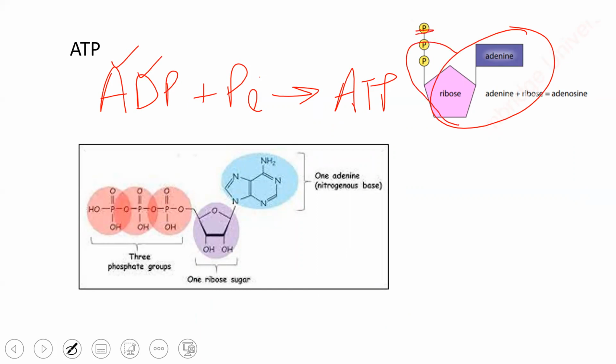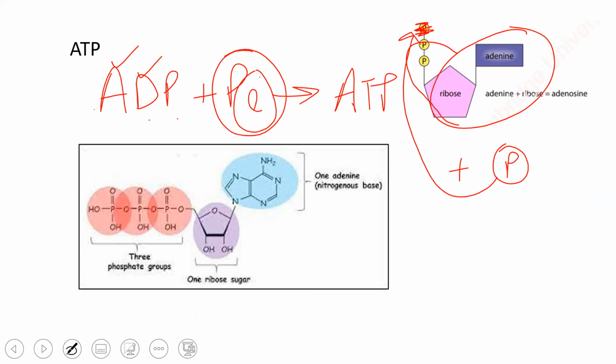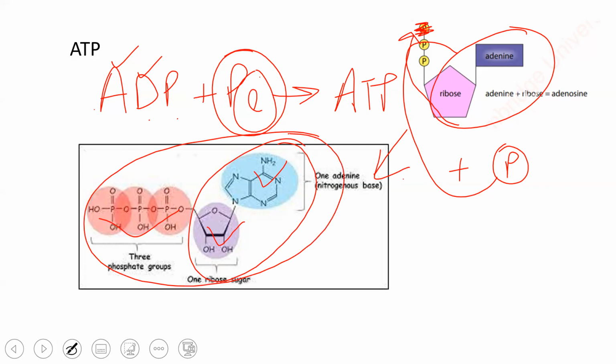And this phosphate, if for instance it wasn't here, and then adding to this adenosine diphosphate is an inorganic phosphate molecule, Pi, that is going to attach over here to form this ATP. Again, adenine, ribose, triphosphate, this is adenosine. All of these combined, adenosine triphosphate. Clear?